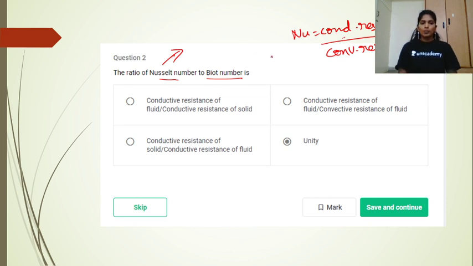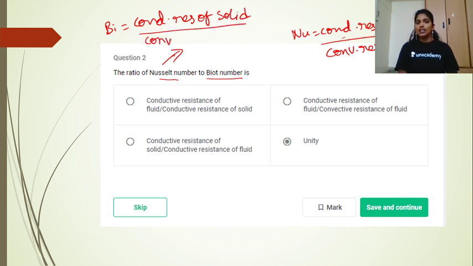Okay. So the equation for Biot number is also the same, but the state in which we calculate conductive resistance and convective resistance will differ.